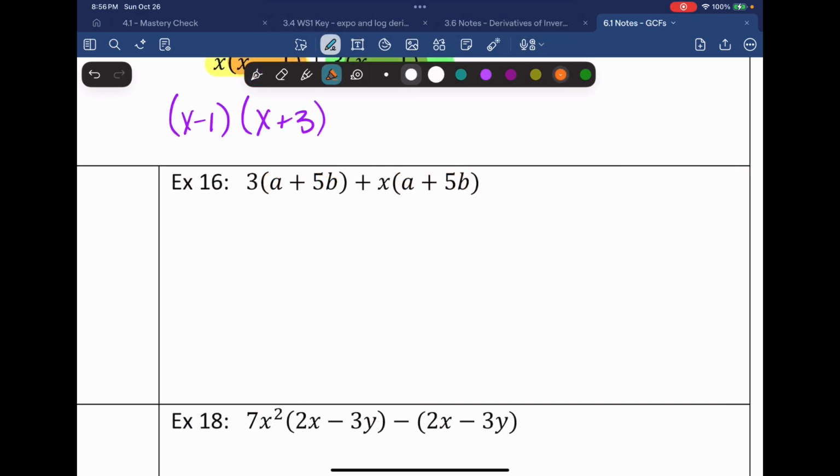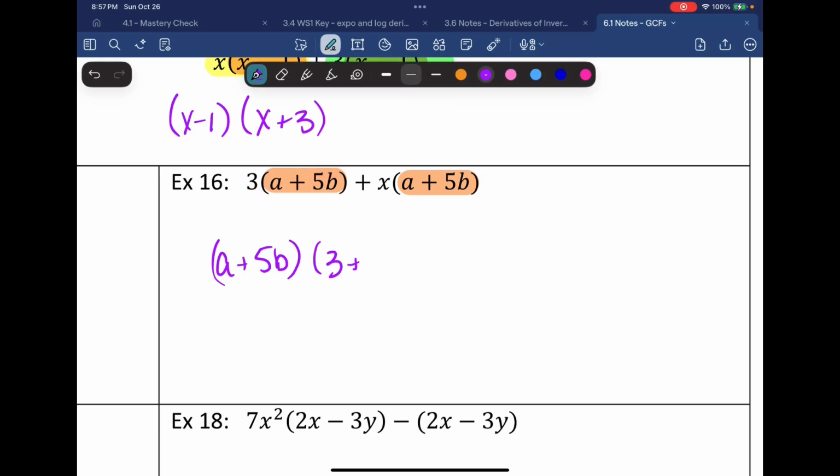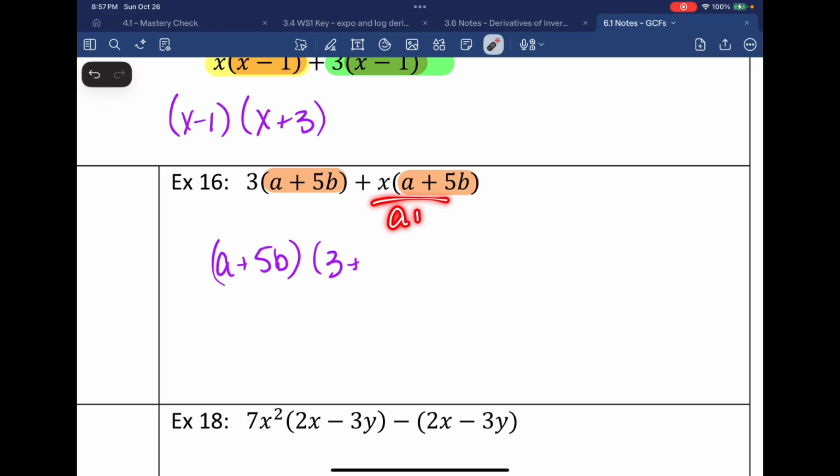And example 16, a plus 5b, a plus 5b, that's my common factor. After dividing by it, leaving you with the 3. Leaving you with an x.